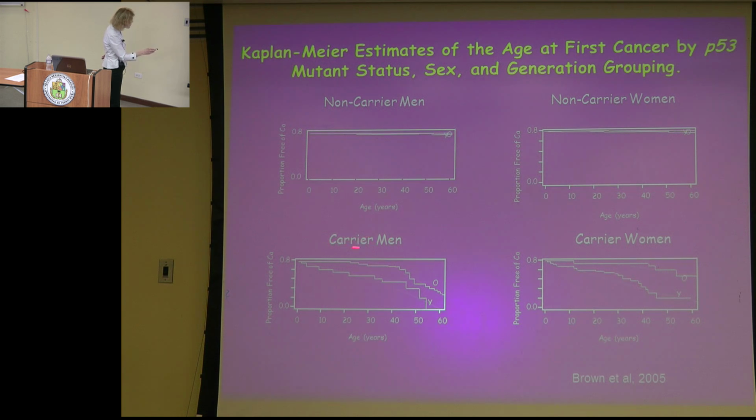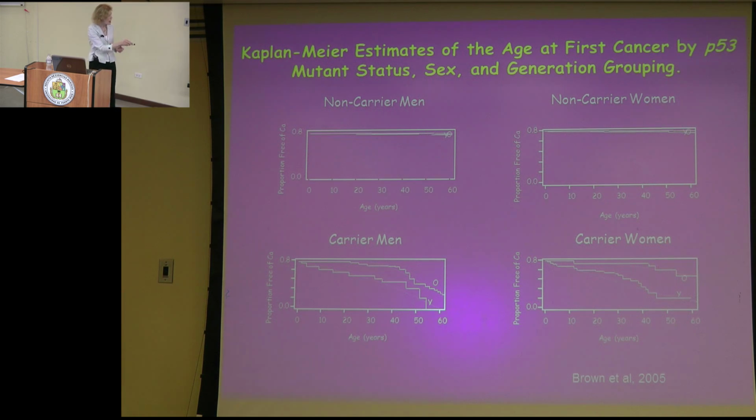When you look at the mutation carrier men, there's a big difference, with the younger generation showing a change in age of onset that's different from the older generation. And same for females. No real change between the older and younger generation of females, but a huge change, even bigger change, for women who were mutation carriers.